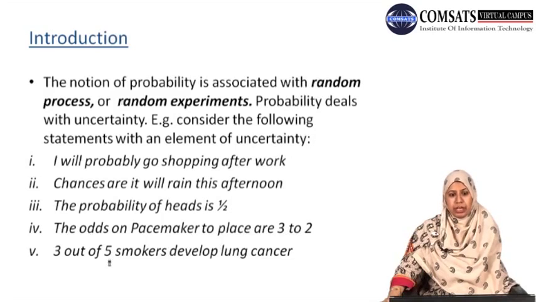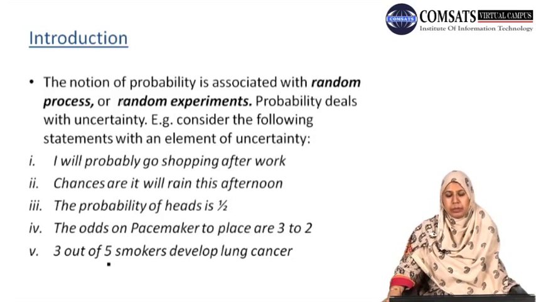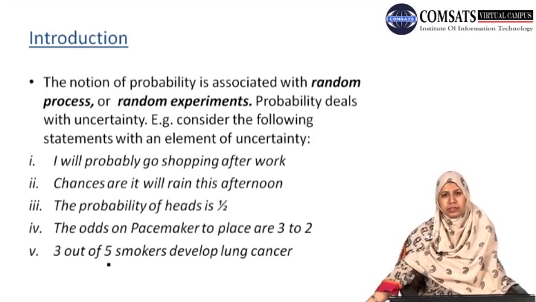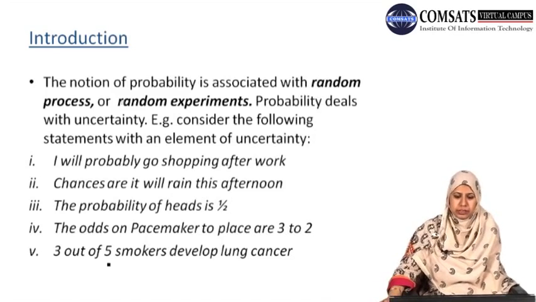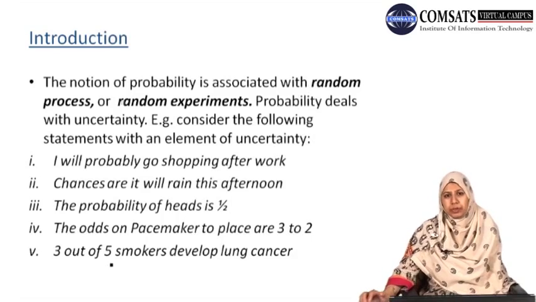Similarly, in our example 5, 3 out of 5 smokers develop lung cancer is an uncertain situation. We know the number of possible outcomes, but it may be possible that none of the smokers develop lung cancer. It may be possible that all the 5 smokers develop lung cancer. So these statements deal with the probability or with the uncertainty, in which we know the set of possible outcomes, but we do not know which outcome will occur.